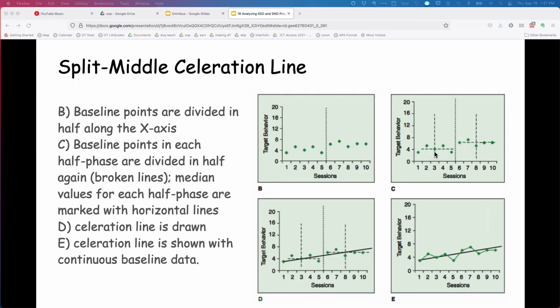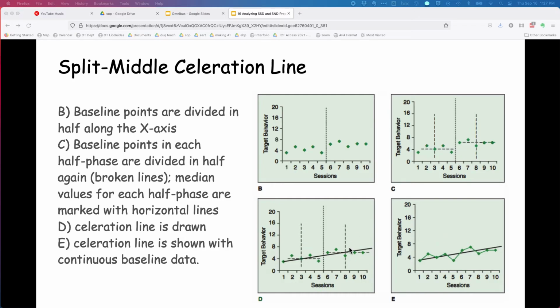The way that you calculate it is you start by dividing the data within one phase. So this is all one phase here. You split the data from one phase in half, then you split it again. You find the median value in this half of the data and you plot it on this middle line.